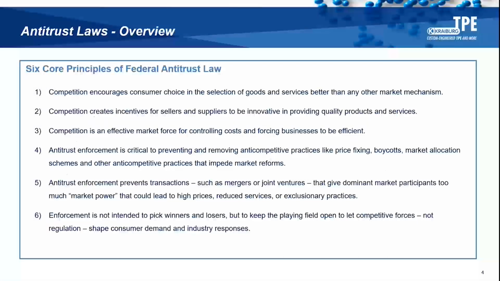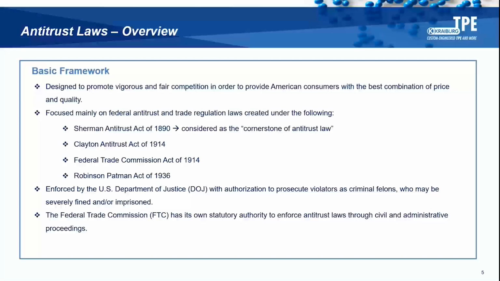The basic framework of antitrust law is really designed to promote vigorous and fair competition in order to provide American consumers with the best combination of price and quality. There are mainly four federal antitrust and trade regulation laws that were created pertaining to antitrust. The original antitrust law was the Sherman Act of 1890.